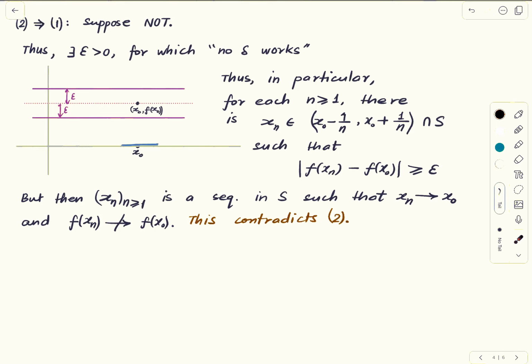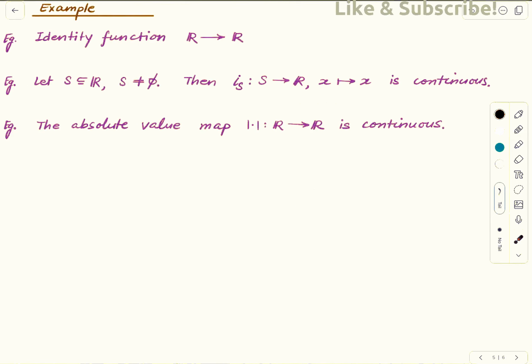Okay, so all these three or four things about continuity that we said, all these various somewhat different looking statements, we will use nimbly. We may switch whenever we see one works better than the other or is easier to use. Okay, and let us just finish this lecture with some examples. Identity function.